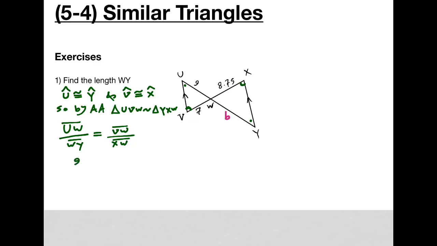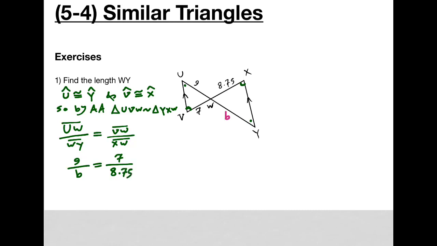UW is given by 9. WY is unknown. We're going to find it. So let's call it b. This is equal to VW, which is given by 7, and XW is given by 8.75.